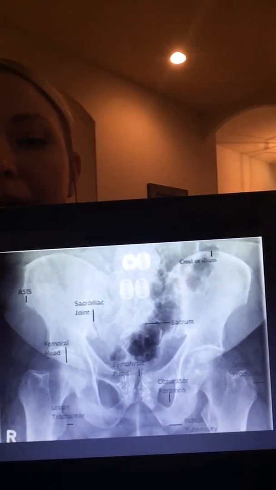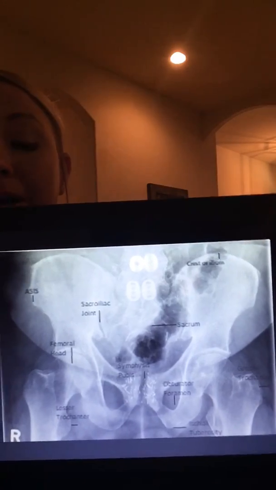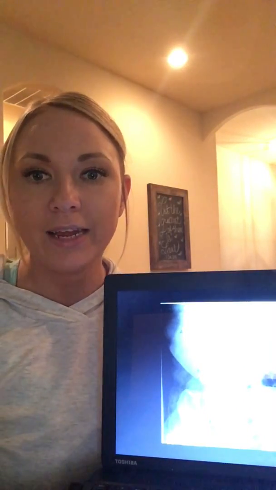Those little pebbles there are radioactive seeds that they put into people with prostate cancer to help combat the cancer, to help fight it. Those can also cause pain and discomfort. So those were the findings. There was no additional injury or anything. It was just the pain associated with that.